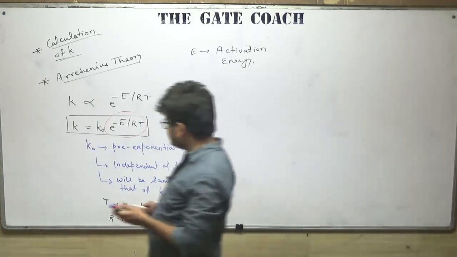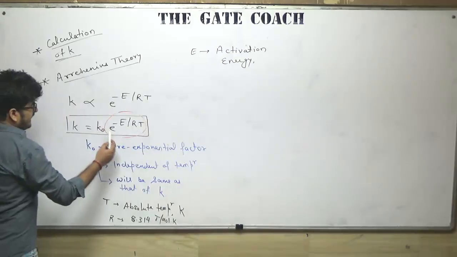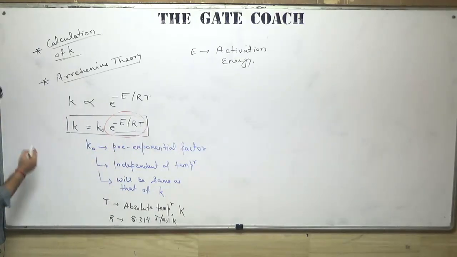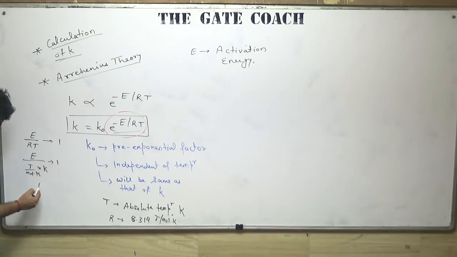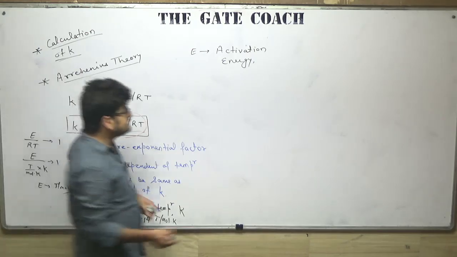Wonderful. As this exponential function is unitless, means the units of E by RT is 1, that is unitless term. We don't know the units of E. The units of R given as joule per mole per Kelvin. For temperature it is Kelvin. So from here you can see the units of E will be joule per mole.